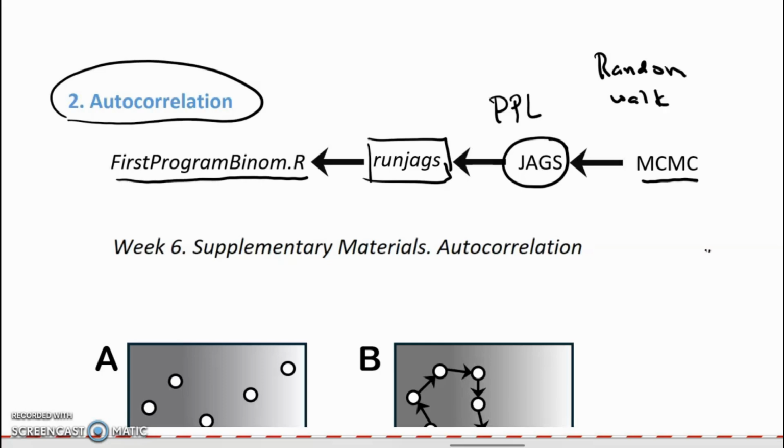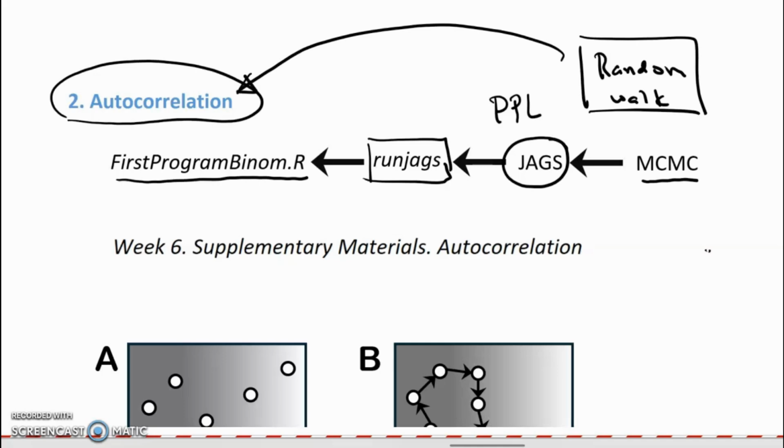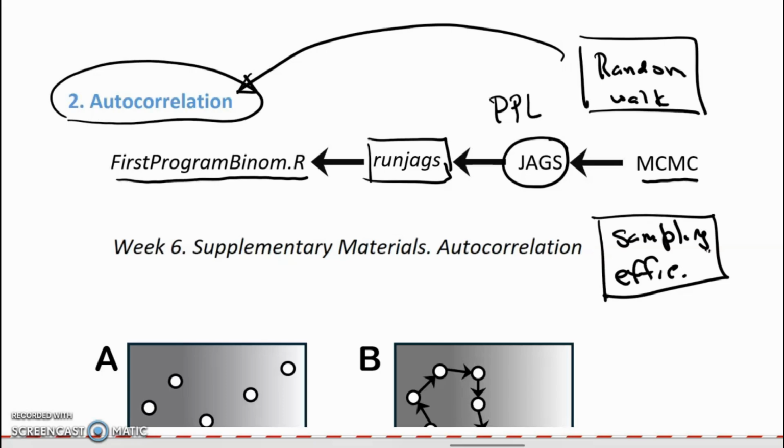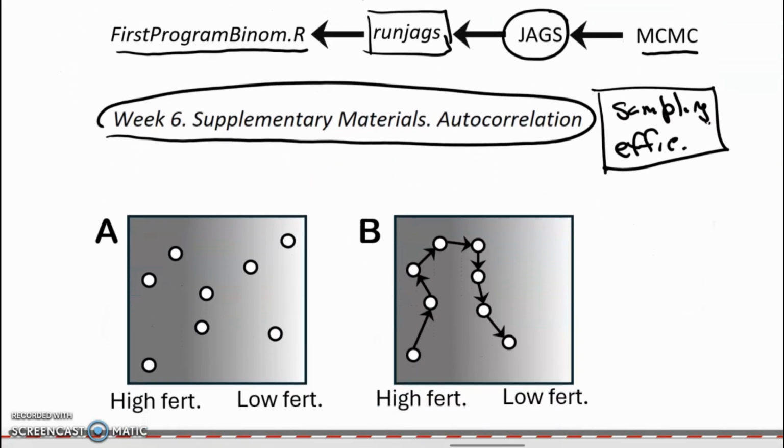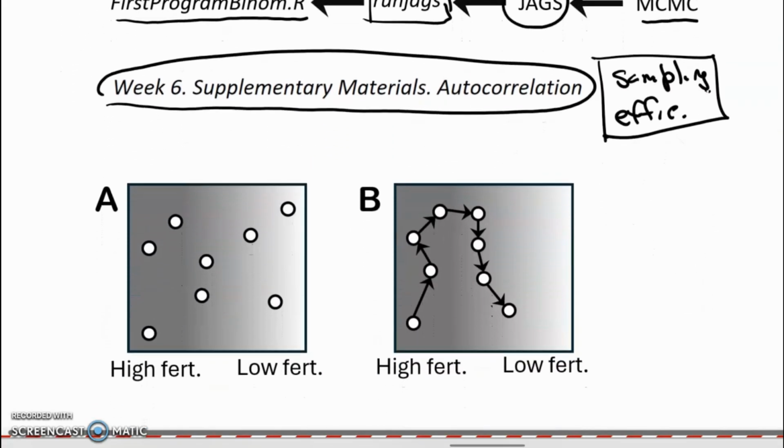As a consequence of going on a random walk, that's going to induce autocorrelation, and that's going to cause the sampling efficiency to be reduced. There's more detail on effective sample size in this supplementary material, but right now I just want to go over some of the basics. I'm going to do that by example.